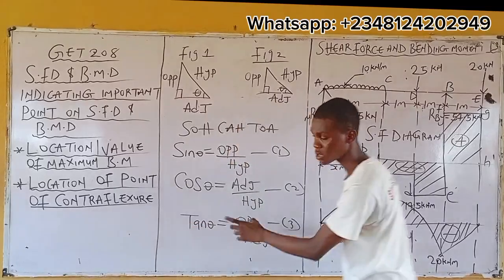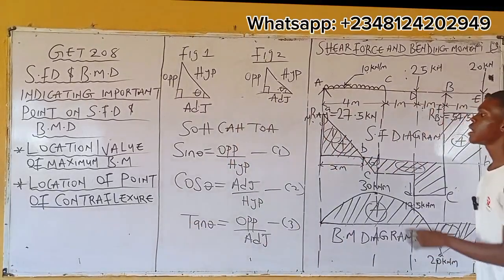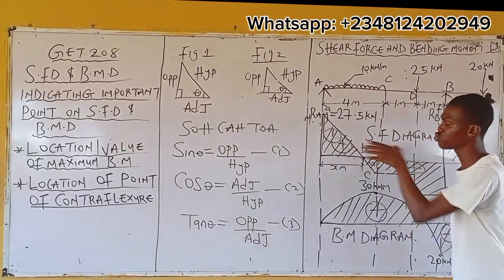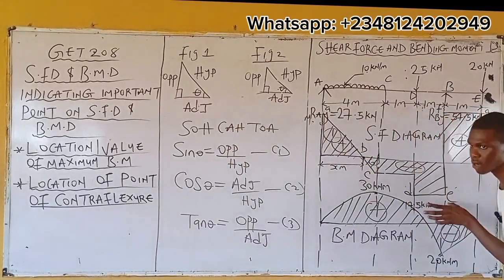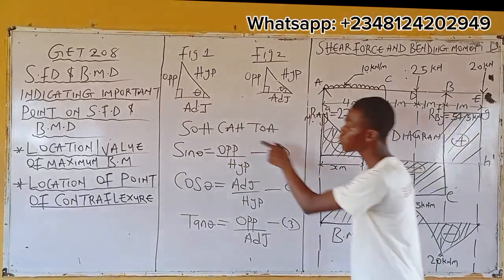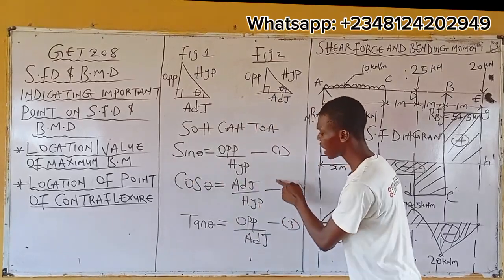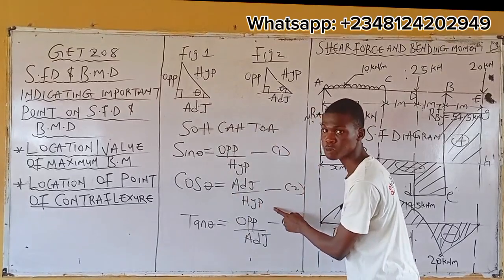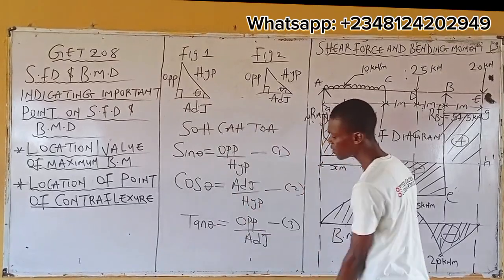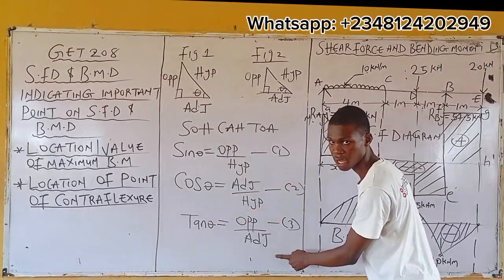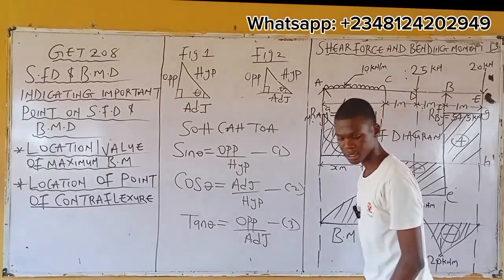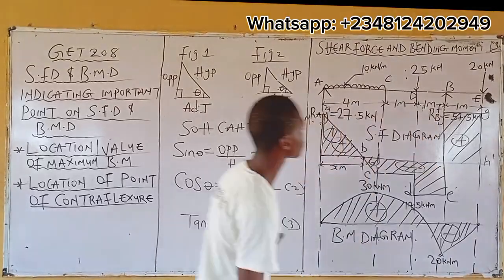So what it means is that by the time we bring out these two triangles from this shear force diagram, if I'm having opposite and hypotenuse, I will use sin theta. If I'm having adjacent and hypotenuse, it becomes cos theta. Lastly, if I'm having opposite and adjacent, I have tan theta.